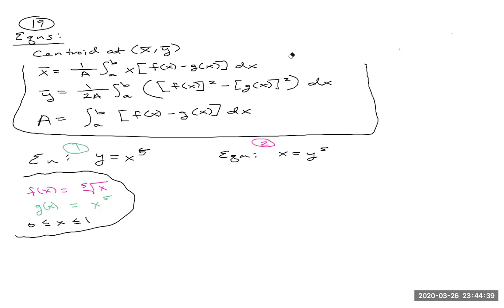Okay, so let's start by finding A. As we saw, that wasn't a nice geometric shape. It kind of was like a weird little oval curve. So for the area, we have the bound 0 to 1. We're taking f of x, which is the 5th root of x, and we are subtracting g of x, which is x to the 5th.